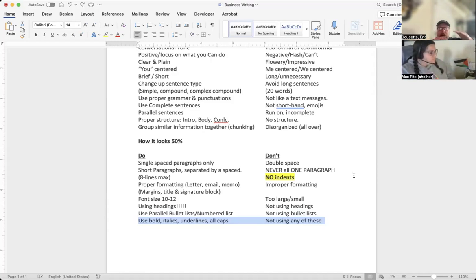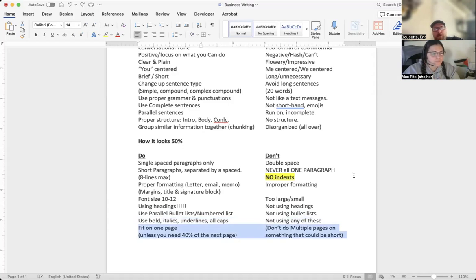So logically go through your document and look for things that you can make stand out. There's nothing wrong with that. Nobody's going to go, oh, look at all the bold text they used. They're going to go, thank you, because I can read this so quickly and I don't have to read through long paragraphs because you've got it all laid out for me. And then again, fit it on one page.